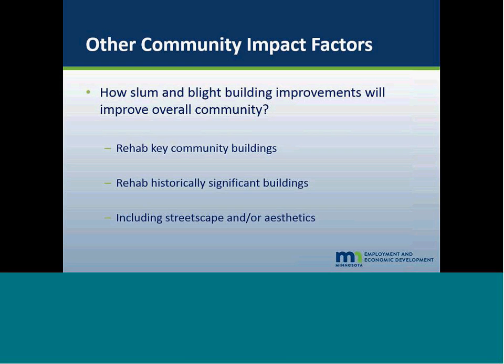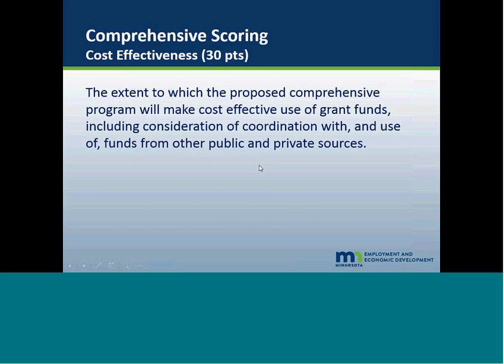Do some research. You could use slum and blight as well. So if they happen together, that is a perfect combination. Again, it's the same as housing coordination. That's the key. Effective use of grant funds. If you can get other sources, leverage, public or private, that is great.